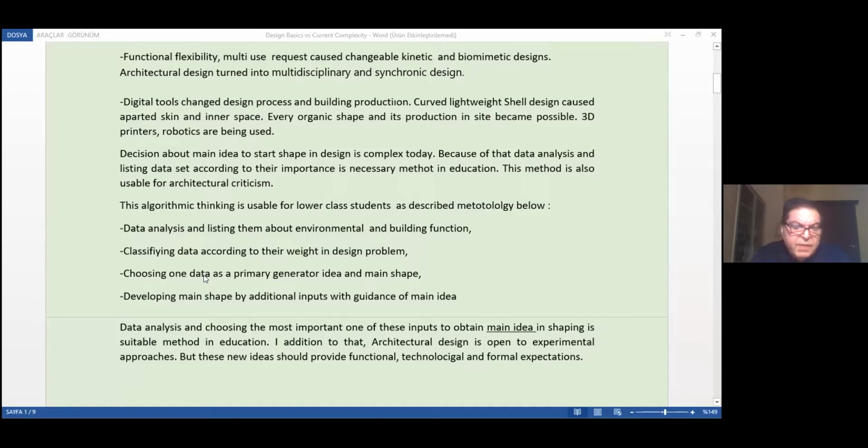Second step, classifying data according to their weight in the design problem. Third step, choosing one data as a primary generator idea and main shape. The other step, developing main shape by additional inputs with guidance of the main idea.